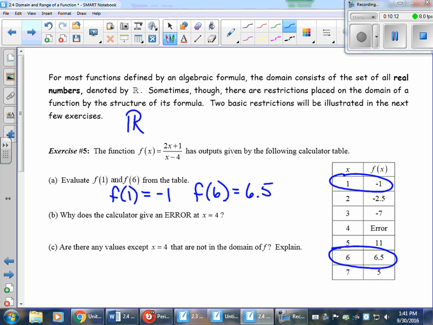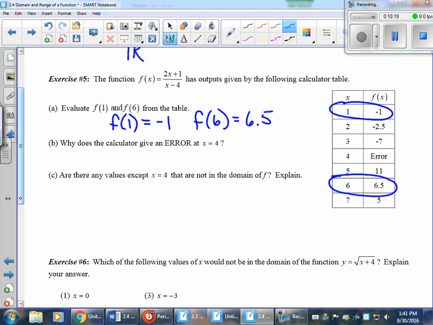B says, why does the calculator give an error at x equals 4? Well, if we take a look at our formula, we have to think about what is not allowed in this situation. Division by 0 is never allowed. So when you have x minus 4 in your denominator, we know that that can never equal 0. For what value does it equal 0? If you add 4 to both sides, x is equal to 4.